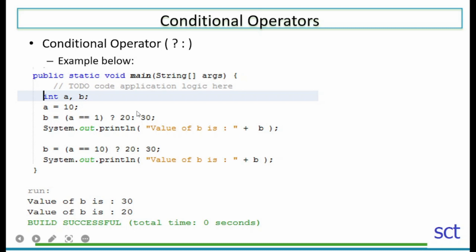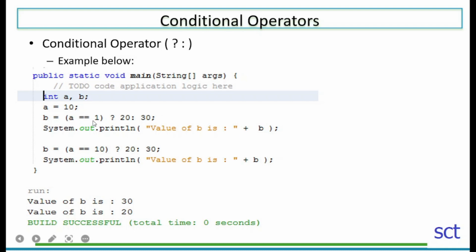The conditional operator uses a question mark and a colon as the delimiters for the 3 operands, and the entire conditional operator is assigned to B. So what is happening here? First the right side has to be executed.